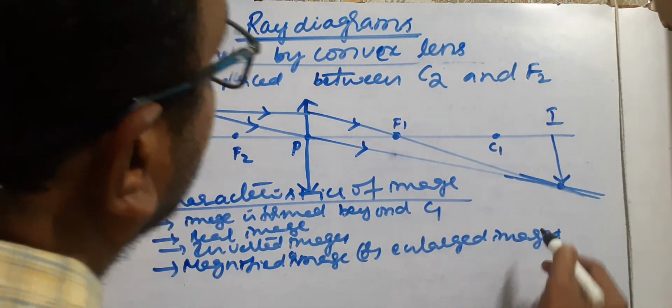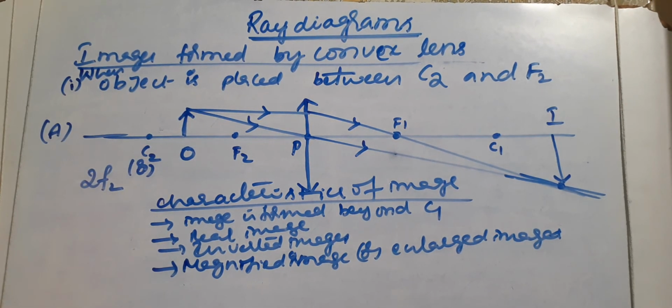So these are three cases of ray diagrams showing the image formation by the convex lens with their characteristics in the first video.